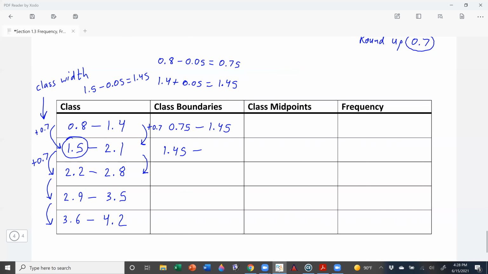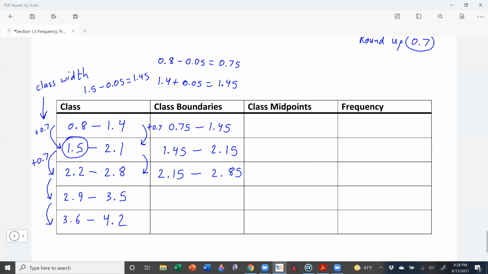1.45. And then for the 2.1, I would go 2.1 plus 0.05, and I got 2.15, which means this one picks up at 2.15. And now for the upper one, I'm going to go 2.8 plus 0.05, and it's going to go 2.85.